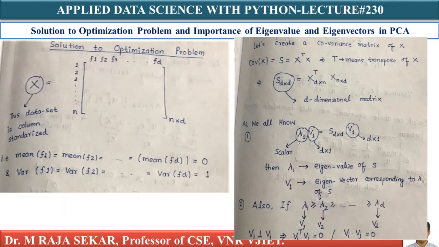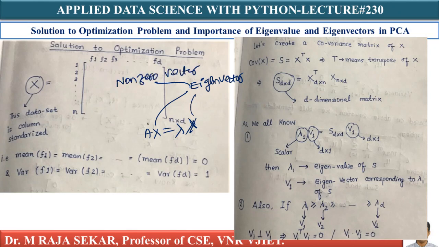Now we will try to define what is an eigenvalue and what is an eigenvector. In your mathematics textbooks, you might have seen Ax equal to lambda x. What does it mean? This x is known as the eigenvector. An eigenvector must be a non-zero vector.